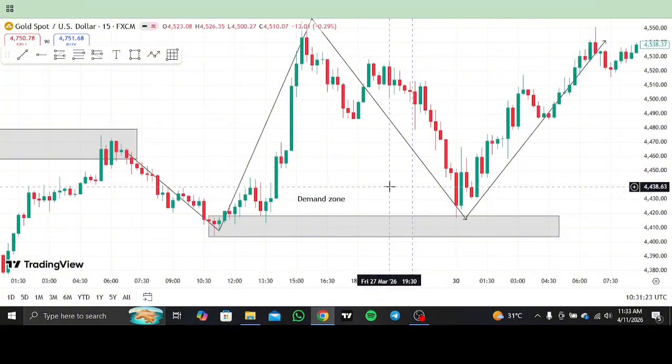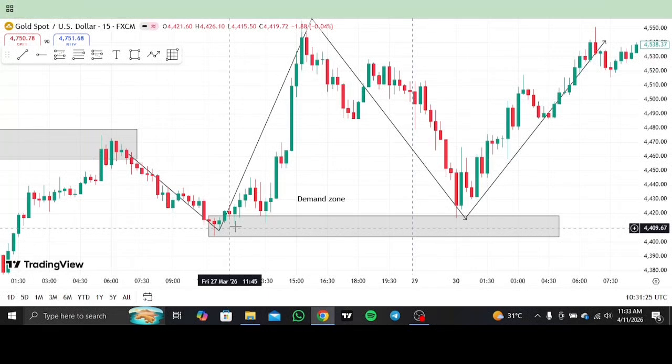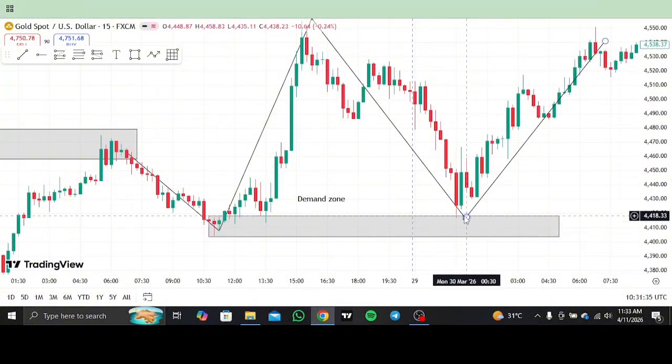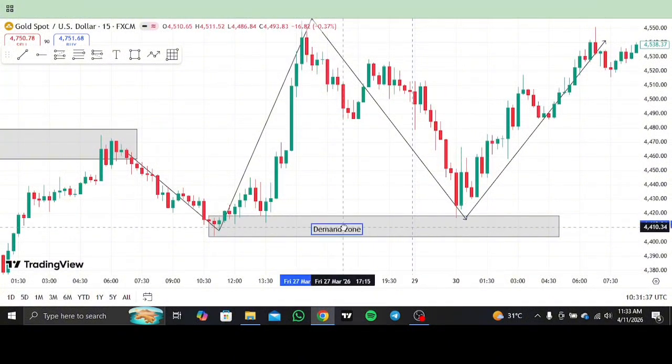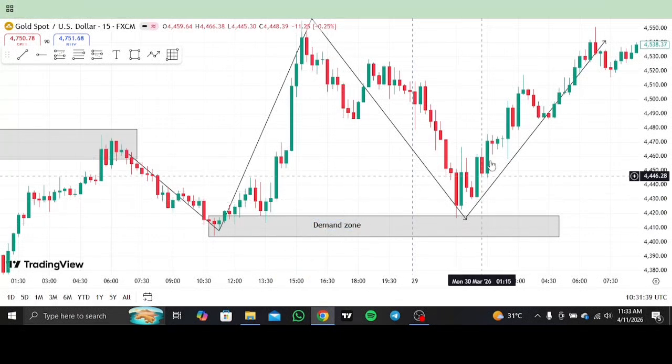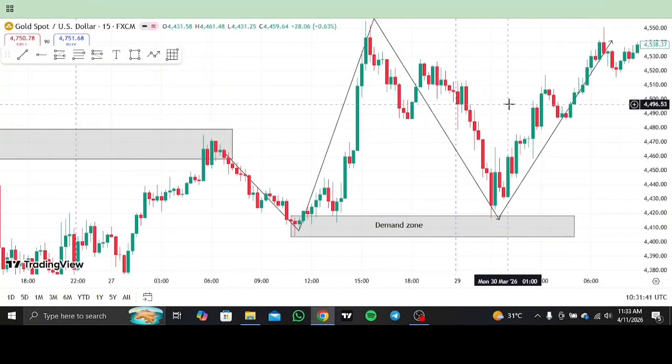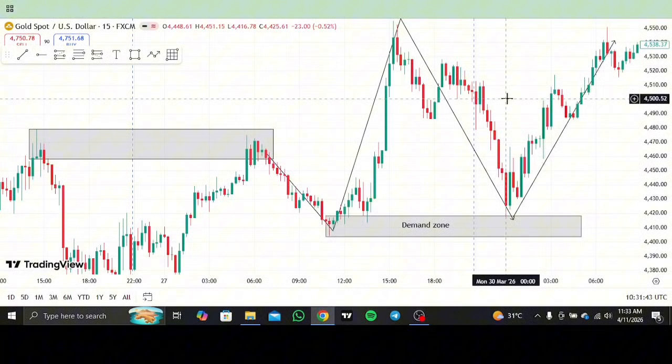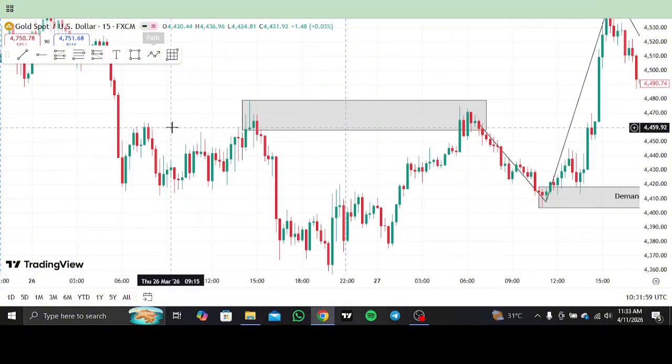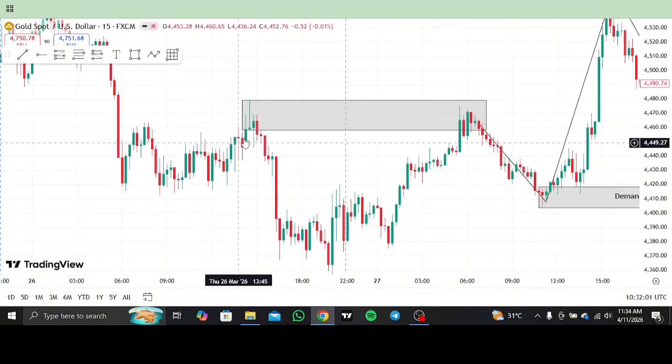Because we had this little bearish move and then an impulsive or a strong bullish move from this very zone, and then price came down all the way to this very box again. That is this demand zone here, and then spiked up again. That is why we call it a demand zone. Now let's talk about supply zones. A supply zone, on the other hand, is when we have an impulsive bearish move.